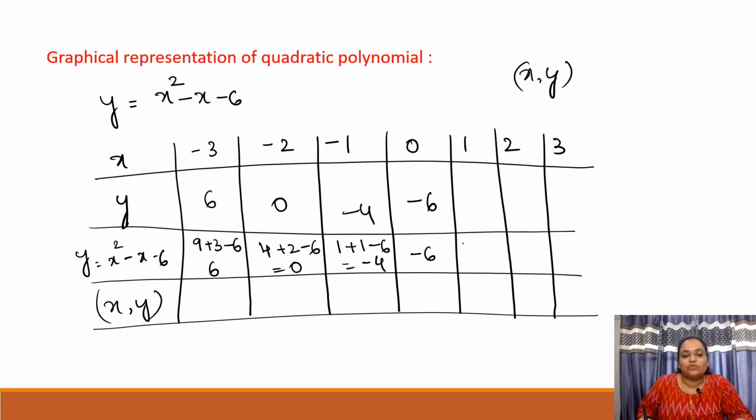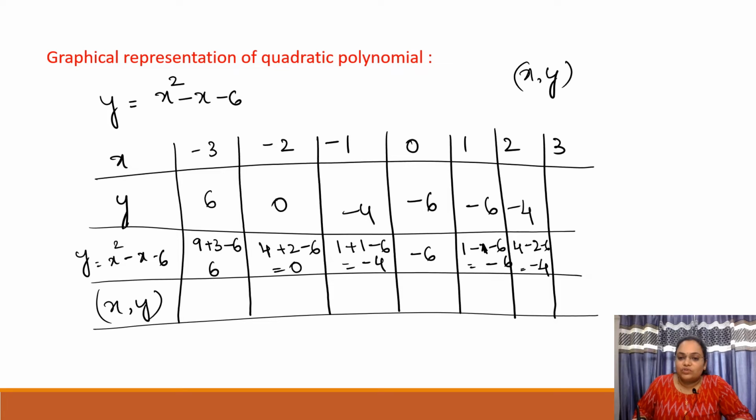When x is equals to 1, so 1 minus 1 minus 6 will be minus 6. When x is equals to 2, that will be 4 minus 2 minus 6, that will be minus 4, right?